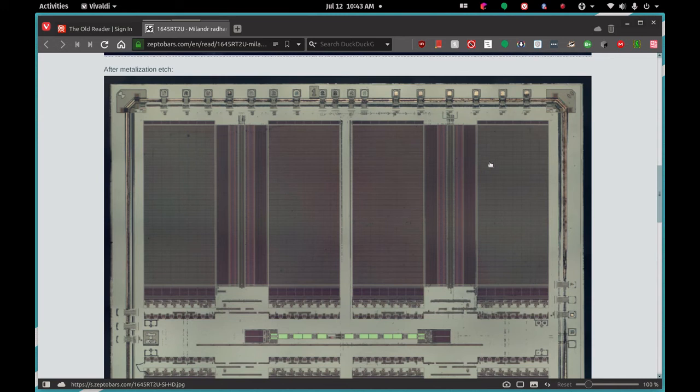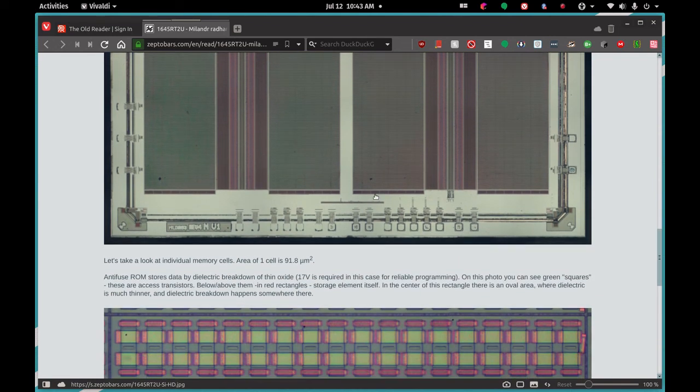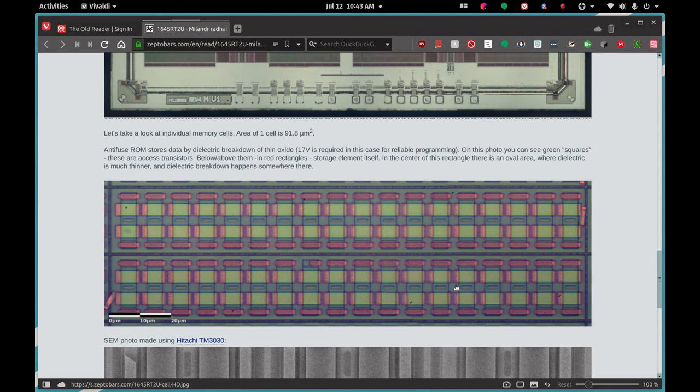You can see how there's a bunch of little circuits that have been programmed into the system. If we look a little bit closer at the middle section of these two bands, this is what it actually looks like, where you have these anti-fused transistors, which are the green squares, and then the red rectangles are the storage elements themselves.